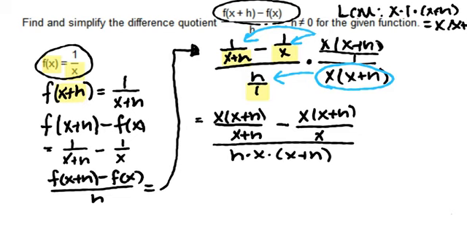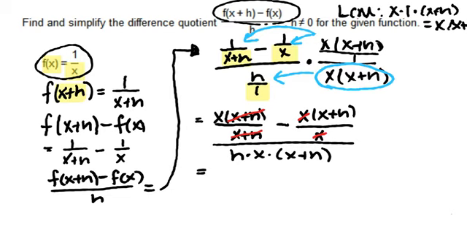Now this next step is where the clearing fractions method gets its name, because we have some common factors here, x plus h canceling out and x canceling out. So by multiplying by the least common multiple of the denominators, we're canceling out those denominators, or clearing the fractions, from the expression.